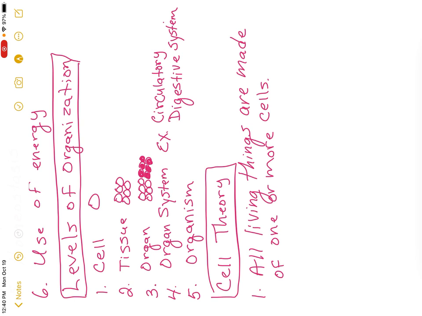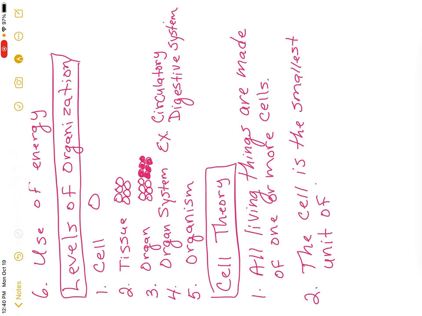The second part says that the cell is the smallest unit of life. And then the third part of cell theory says that all new cells come from pre-existing cells.